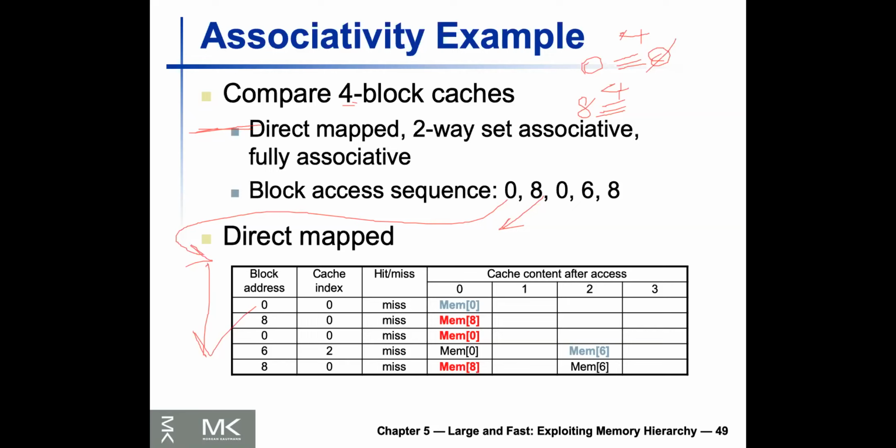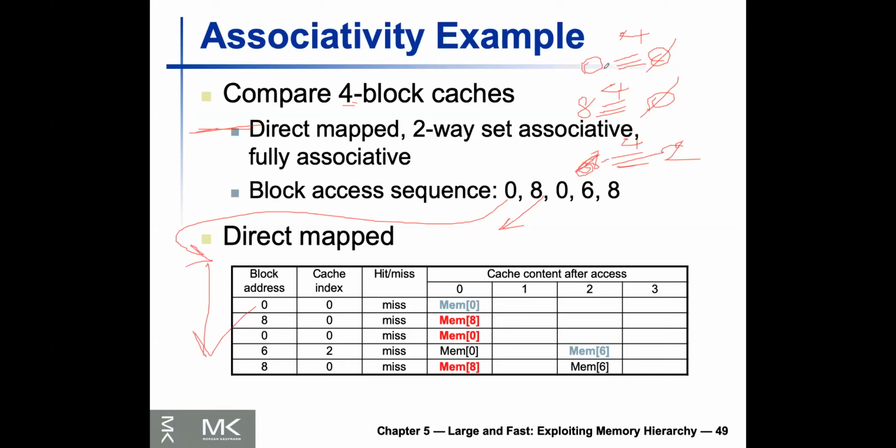Oh, I'm sorry, for 8, yeah, it's going to be 0 again. And then we have 6 mod 4. 6 mod 4 is 2, right? So we have 0, 8, 0, 6, 8.